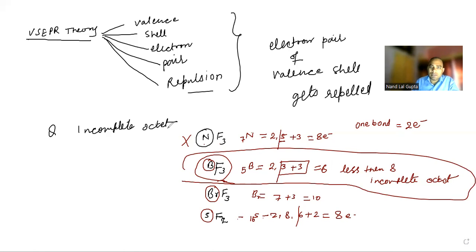Now let us see, can I erase this one? Okay. Now check out the next question. Question number 2, I am sharing question number 2. They are asking: what is the molecular geometry and bond angle in the molecule of NO3 minus?